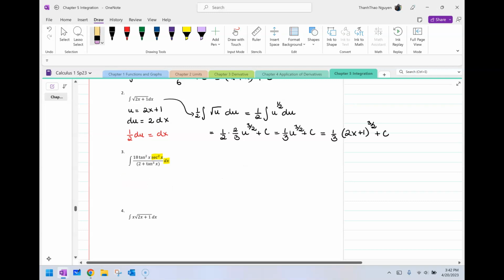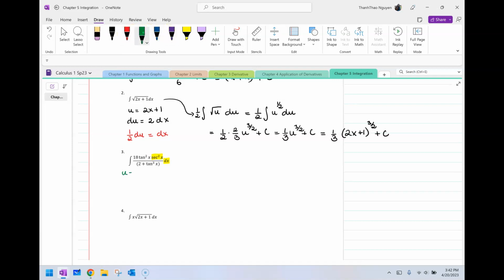So this doesn't work. Let's try a different one. Let u equal tangent cubed of x. Then du equals 1/3 tangent squared of x times secant squared of x dx. Oh, hey, it looks like I have it here, right?